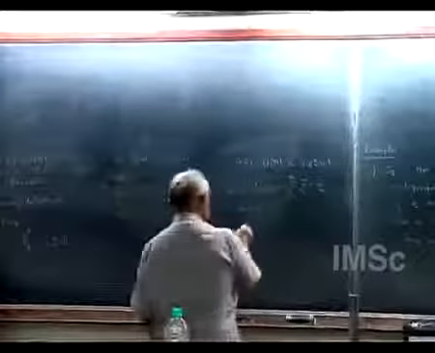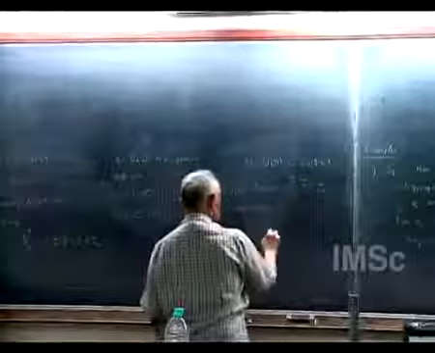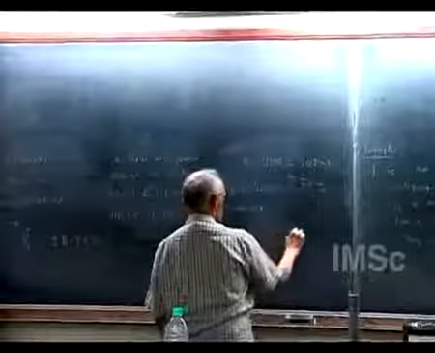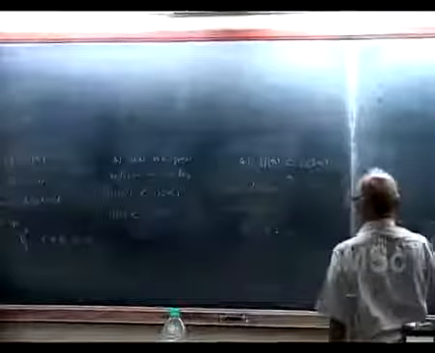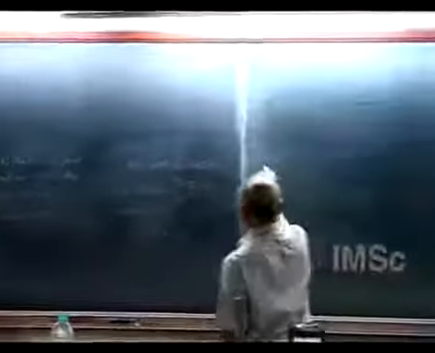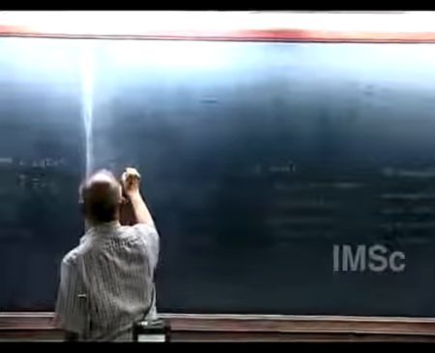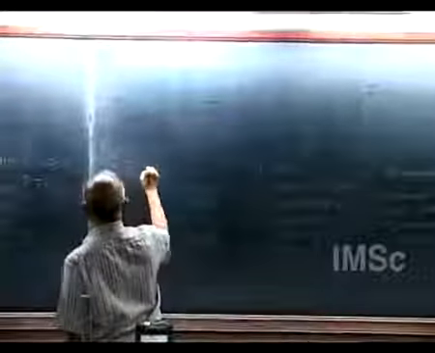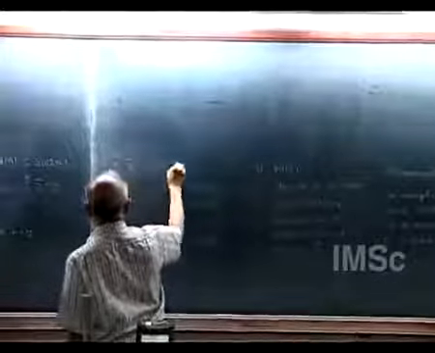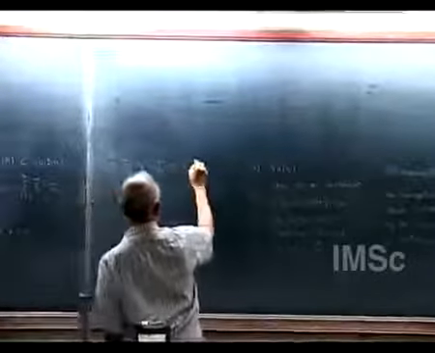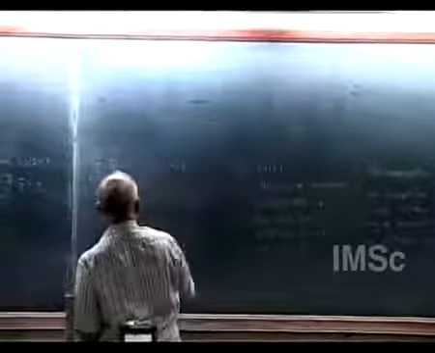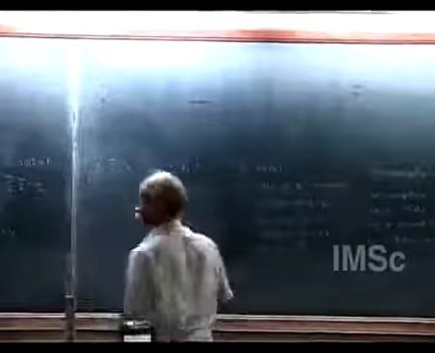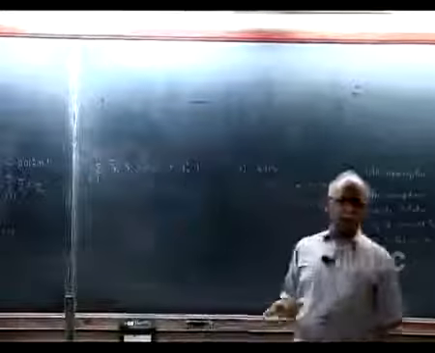Now if I write Zi in terms of real and imaginary parts, this becomes simply the sum of xi squared plus yi squared, which is just a real scalar product in 2n dimensions.